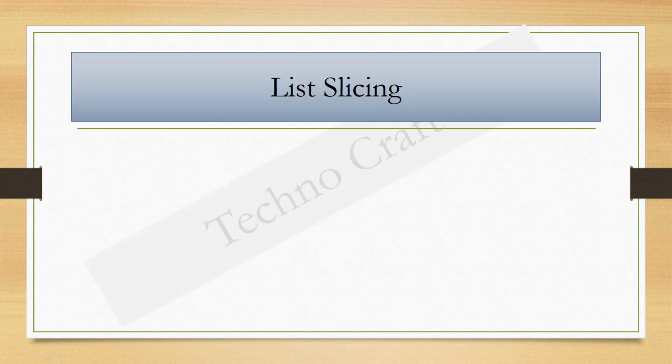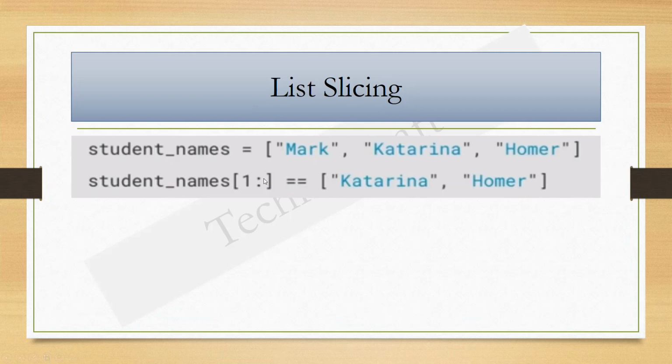List slicing. Another nice thing we have in Python is called list slicing. Let's say we wanted to ignore the first element of our list, Mark, and get all other ones. What we can do is write student_names[1:]. This ignores the first element of our list and simply gives us the rest of them.